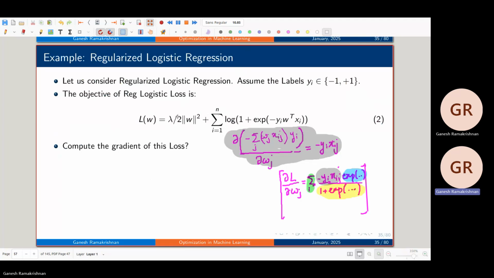This is the correct form, right? Minus xij. Oh, I've missed one part, which is exp itself. Yes, there's something missing here. This is exactly what I've written on the board, the chain rule invocation.